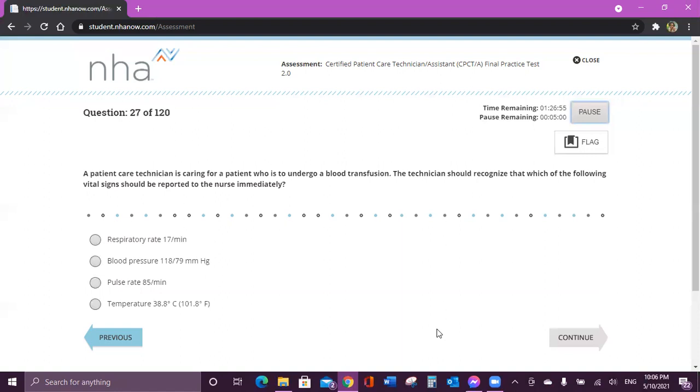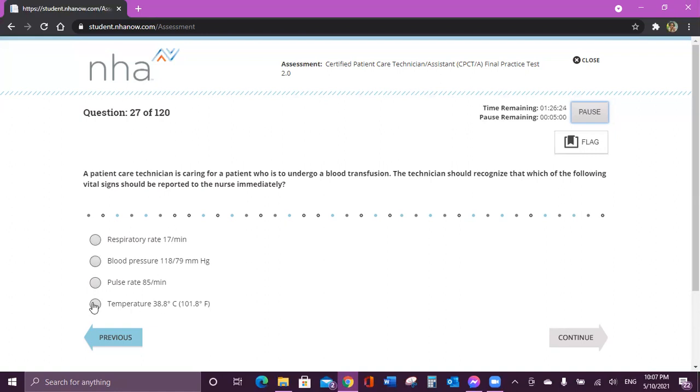A patient care technician is caring for a patient who is undergoing a blood transfusion. The technician should recognize that which of the following vital signs should be reported to the nurse immediately. Respiratory rate 17, blood pressure under 80/90, pulse rate 80, temperature 101.